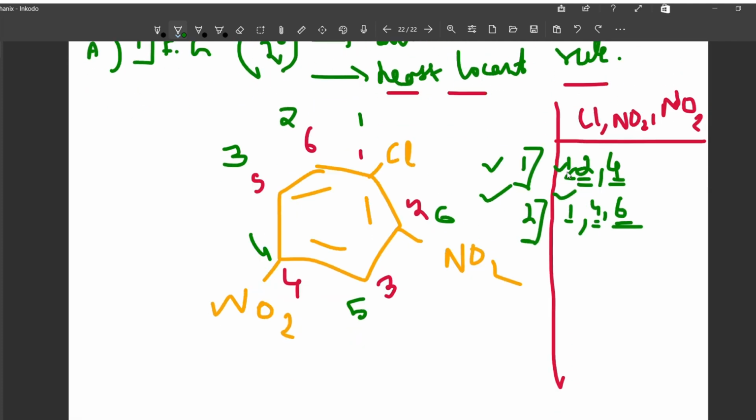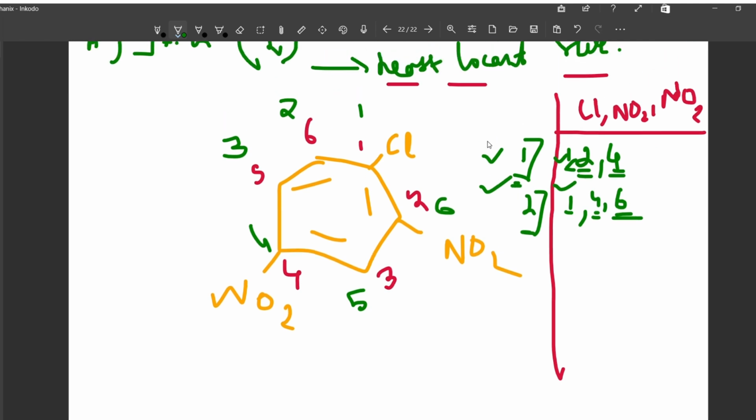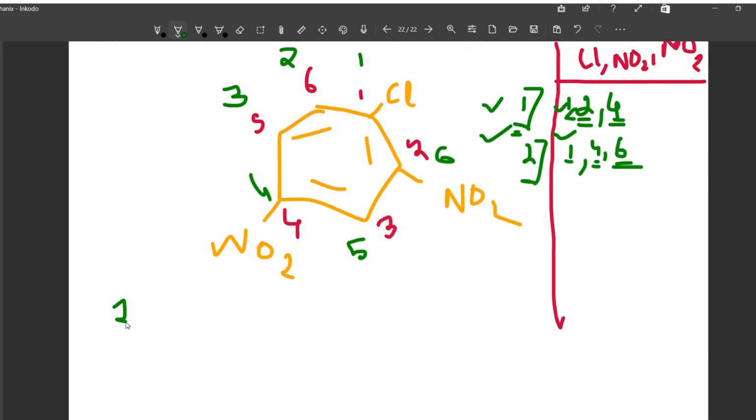According to the first order, the naming would be 1-chloro, because that's the substituent. It will come as a prefix before the main chain. So 1-chloro, 2-nitro, and 4-nitro. I can just more clearly say this is 2,4-dinitro.